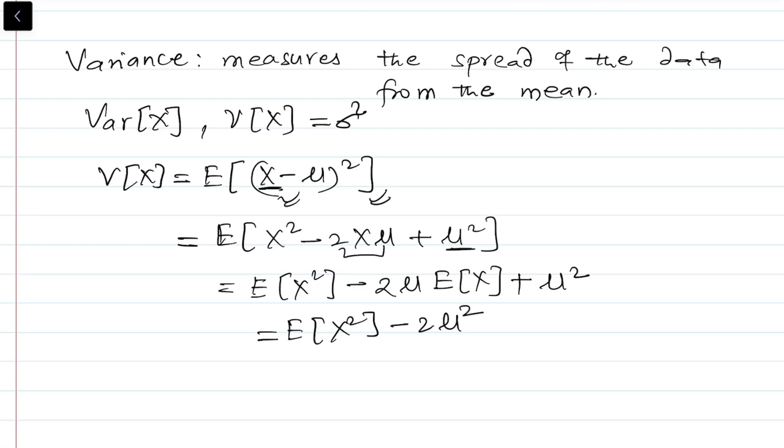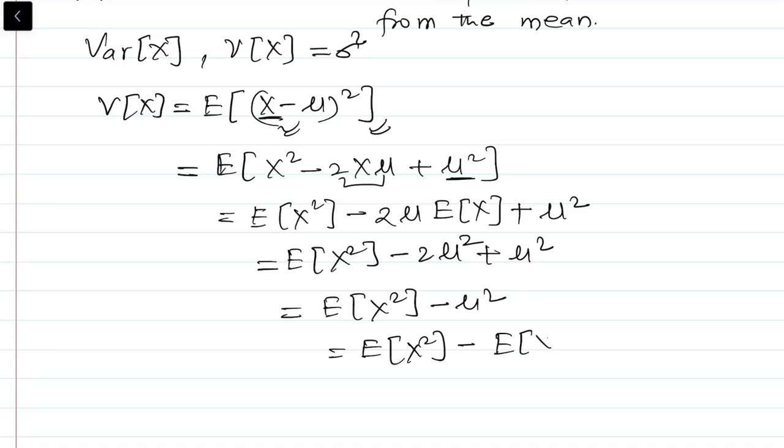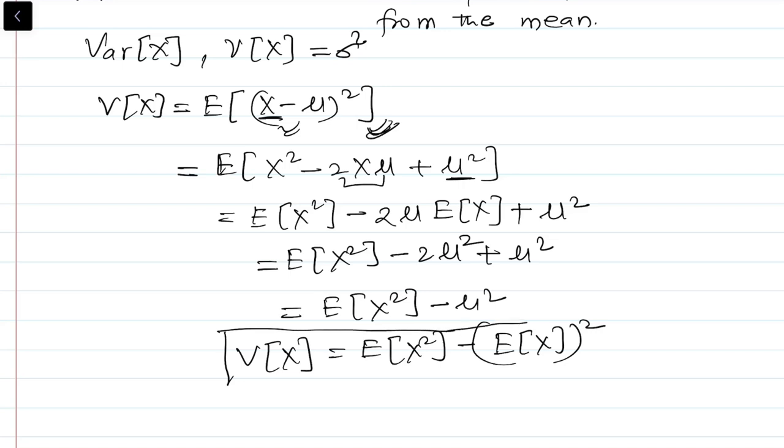So this is minus 2 mu square plus mu square. So now this is expectation of x square minus mu square, and we can replace mu with expectation of x, and this becomes whole square. So this is the simpler version of this formula, and we'll use this formula while solving questions. This is simple to use.